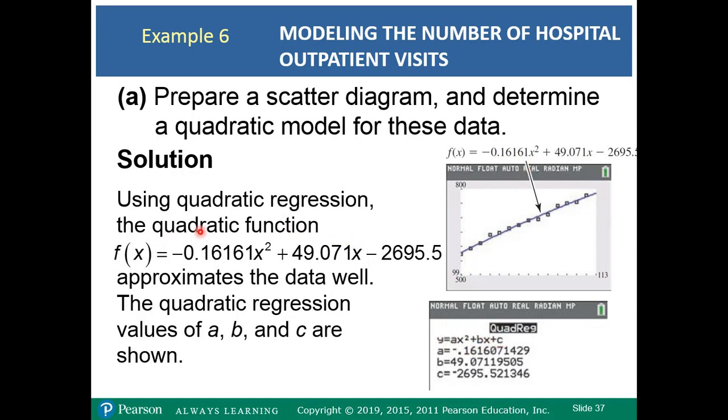And if you do that, you're going to come up with this regression model. It's going to give you your A, B, and C. So here's your quadratic function, and you just have to write it out with the A, B, and C inputted.